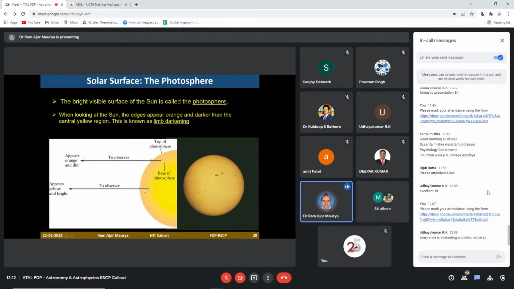That is because when we look towards the center, we are observing deeper, and when we observe towards the limb, we are observing higher in the atmosphere. And you know the temperature from the surface inward increases. So that's why the limb looks dimmer than the center.